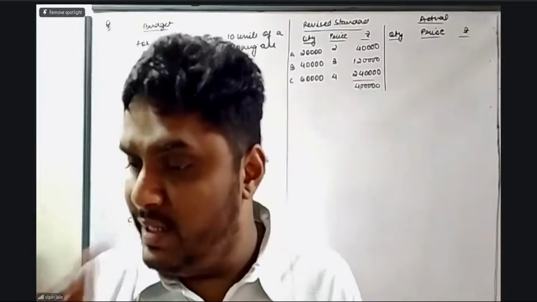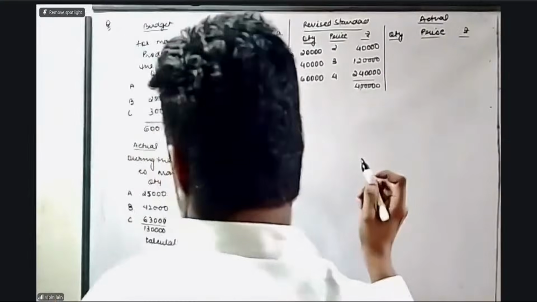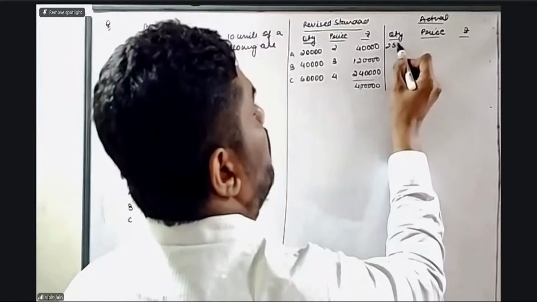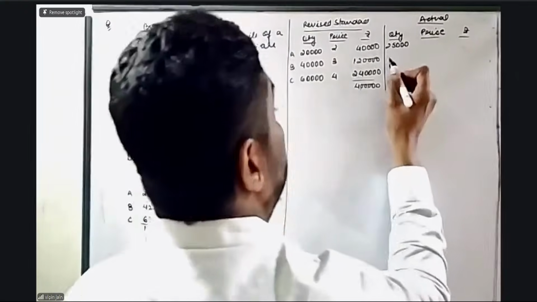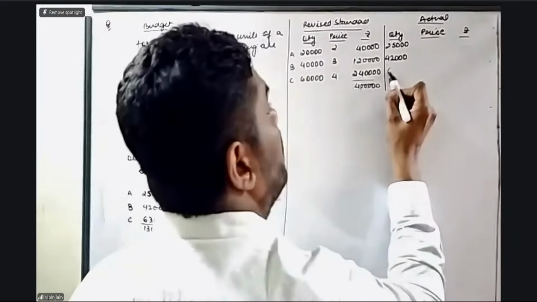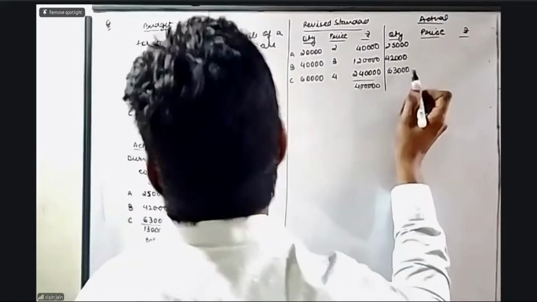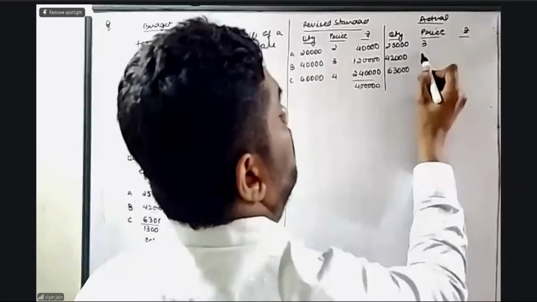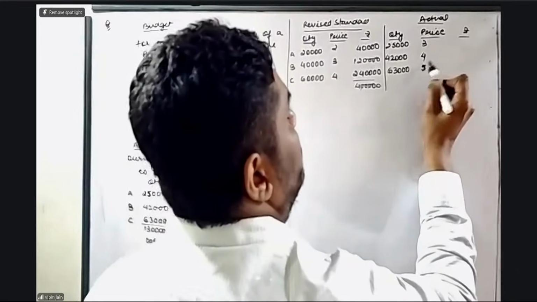Similarly, the actual data is given in the question. So 25,000, 42,000, 63,000, 3, 4, 5.